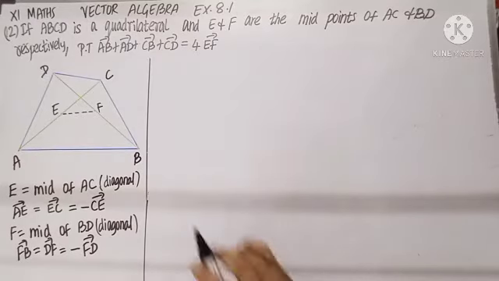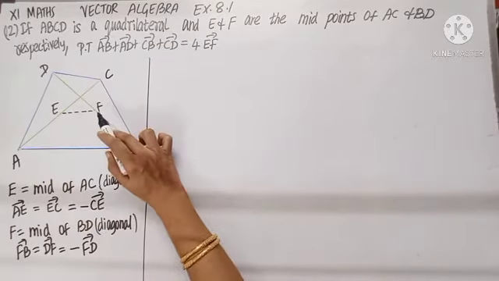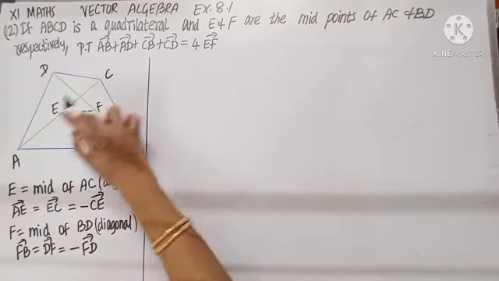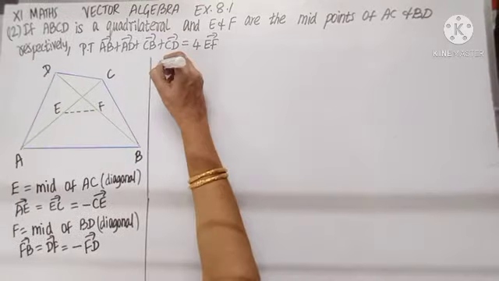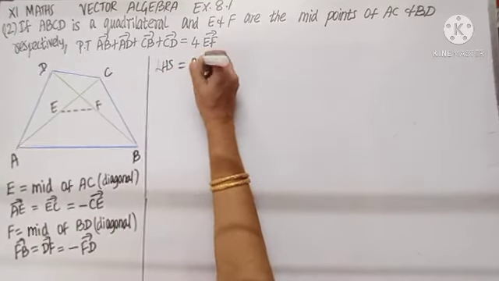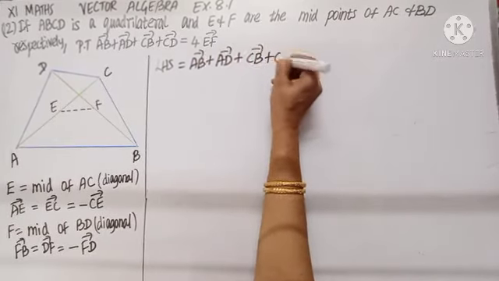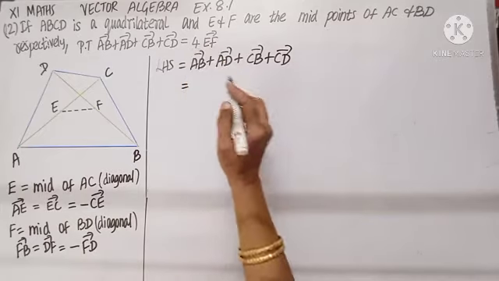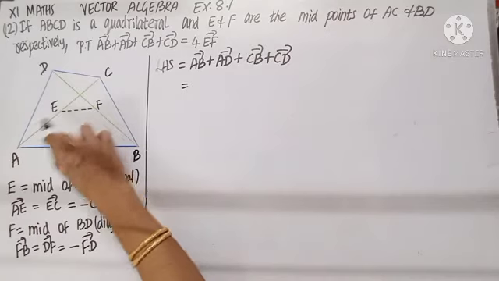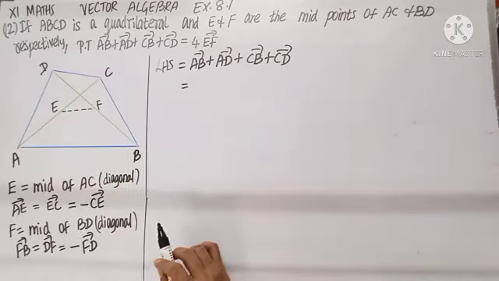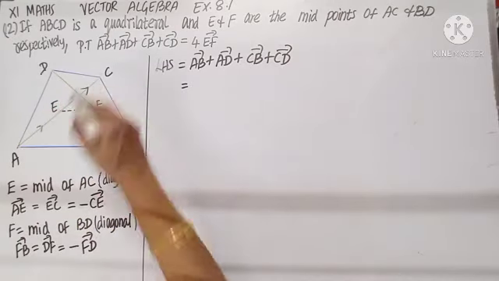Question number 12. If ABCD is a quadrilateral and E and F are the midpoints of diagonals AC and BD respectively, we need to show that AB vector plus AD vector plus CB vector plus CD vector equals 4 into EF vector. When I know E is the midpoint of AC, AE and EC are same in direction.